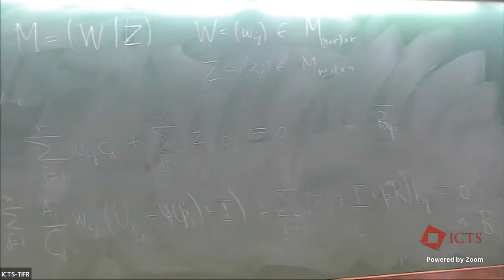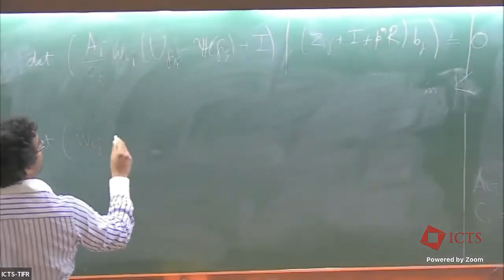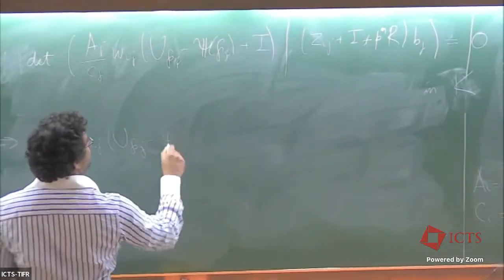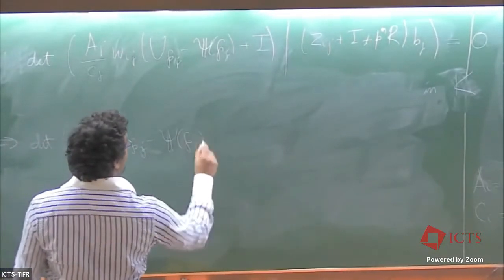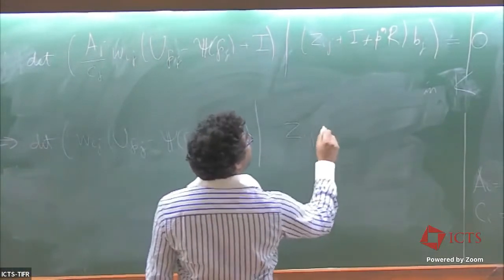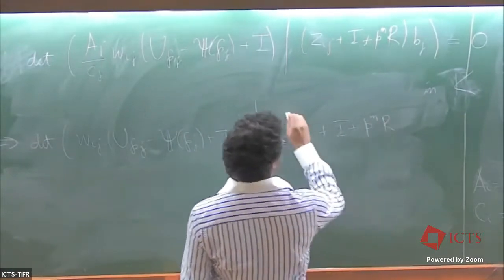So I can get rid of these things, and I can write W_ij, U P_j minus psi P_j plus I, and then Z_ij plus I plus p^m r.